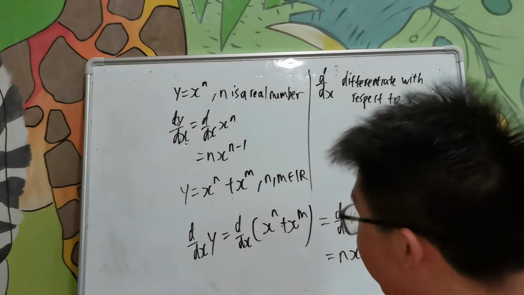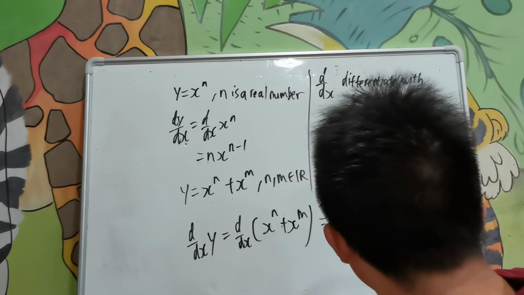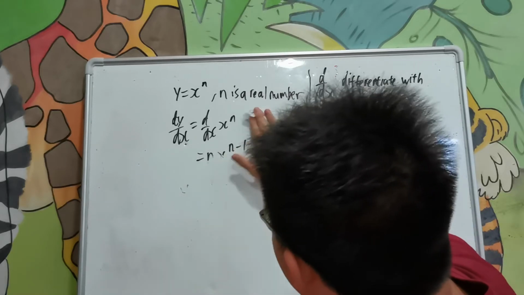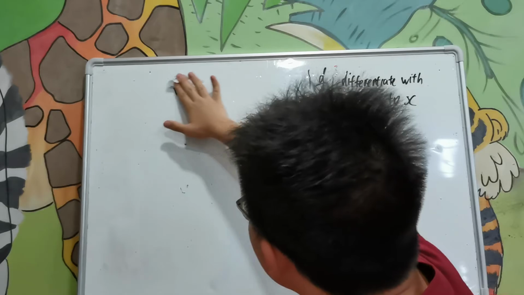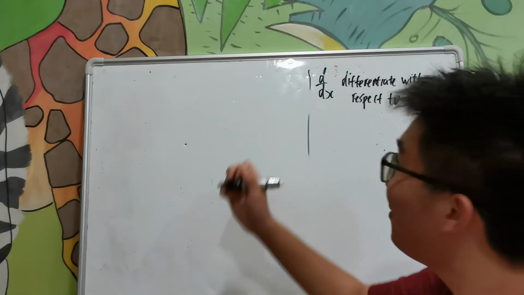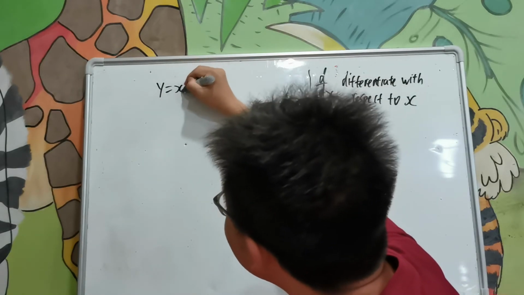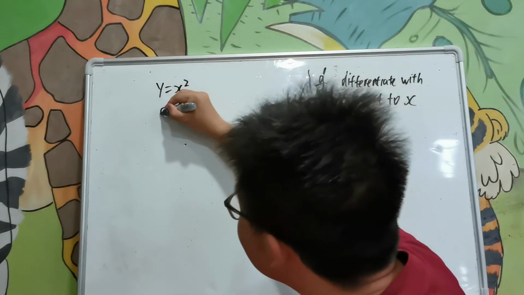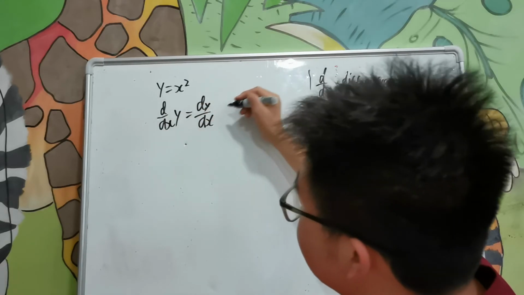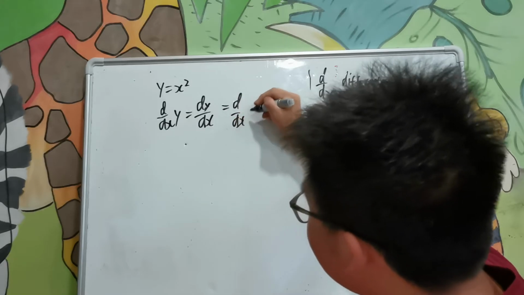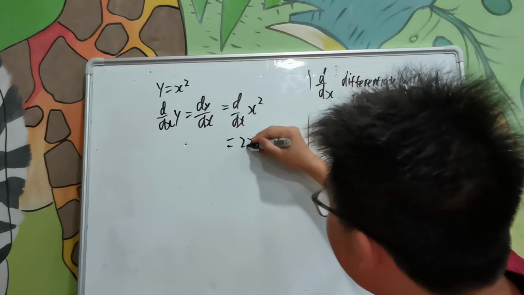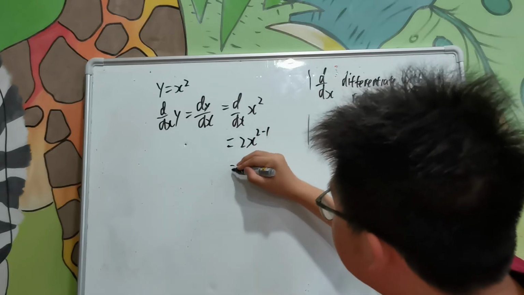So let's have some clear examples right now. Let's say I have y equals x squared. d dx of y equals dy dx equals d dx of x squared, which is just equal to 2 times x power 2 minus 1, which is 2x.